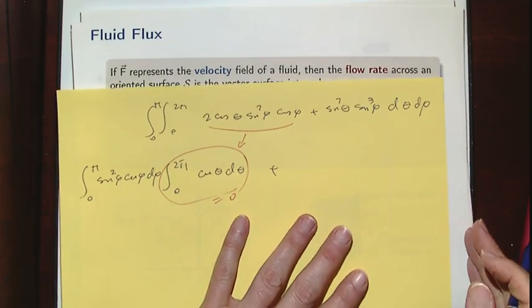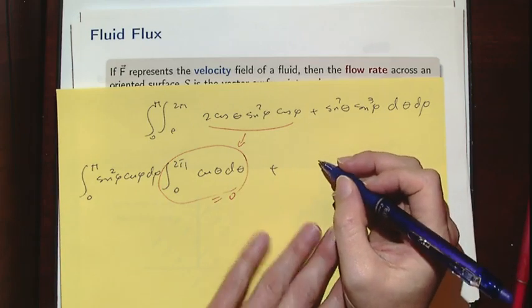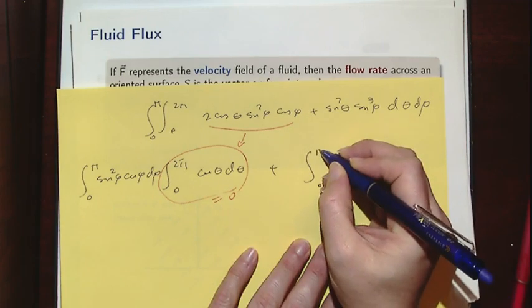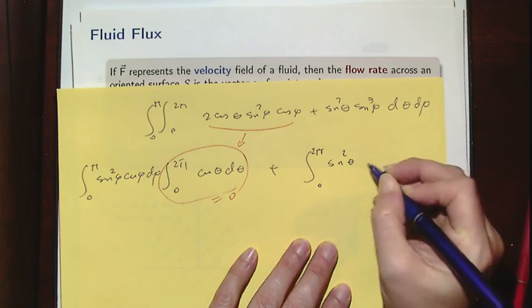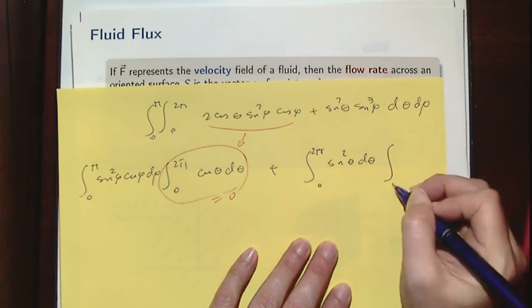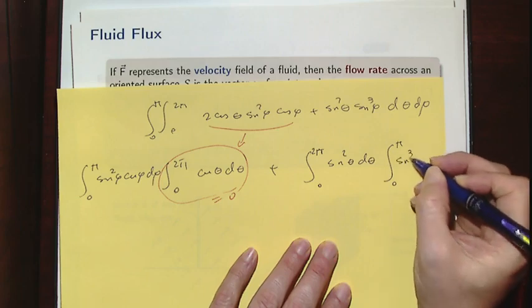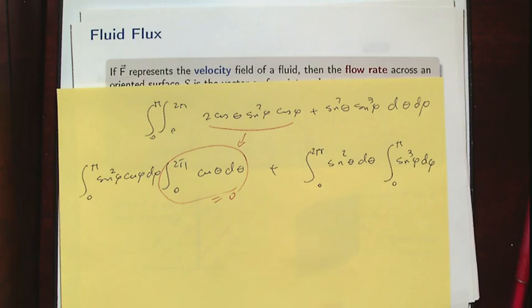For the second one, I will have the integral from 0 to 2 pi of sine squared theta d theta, and the integral from 0 to pi of sine cubed phi d phi. Hold on. Everything is okay, right? Yeah, I think so.